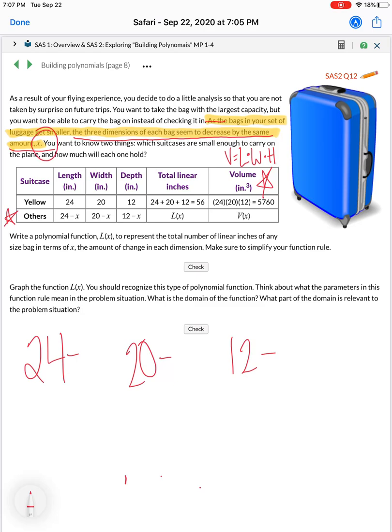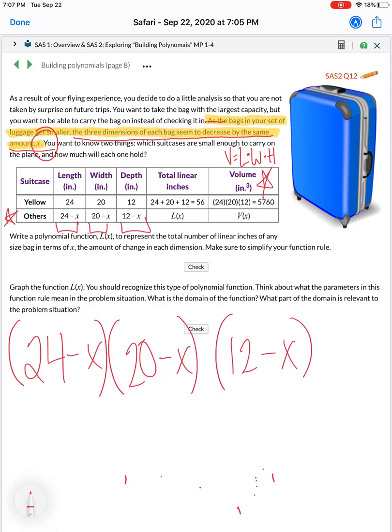No, we don't know that exact amount, but we know that the amount is x. Hence, why it says 24 minus x, 20 minus x, and 12 minus x. These are my new dimensions.